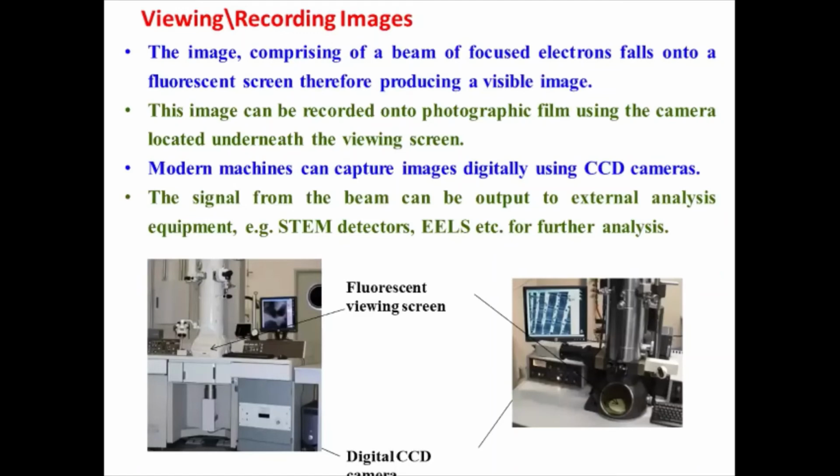So there is a provision that you can switch the image formation, meaning you can take away the phosphor screen so that the input is given to the CCD camera, or you can bring the phosphor screen and look at the image using your eyes, or you can use photographic cameras also.